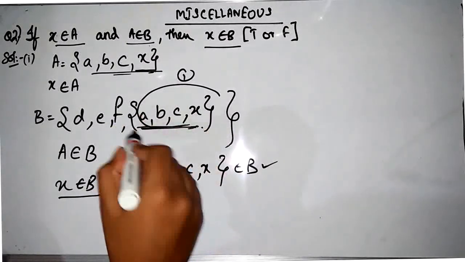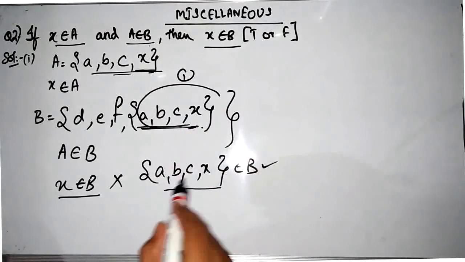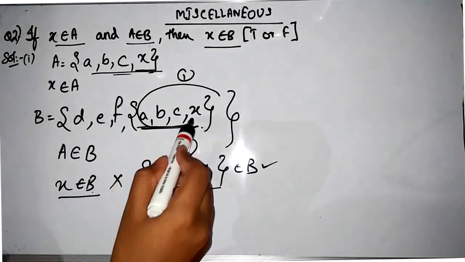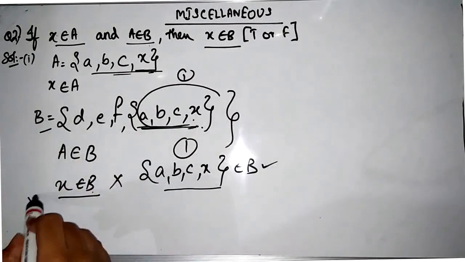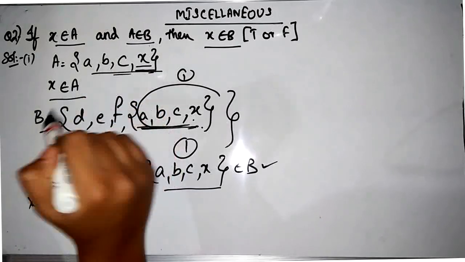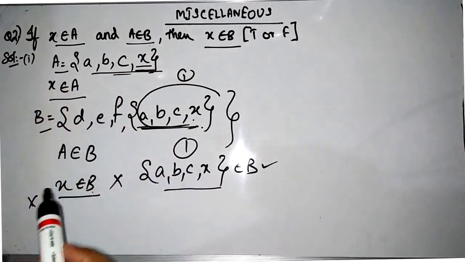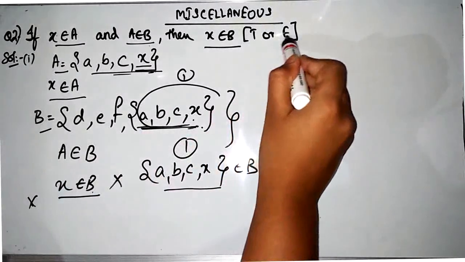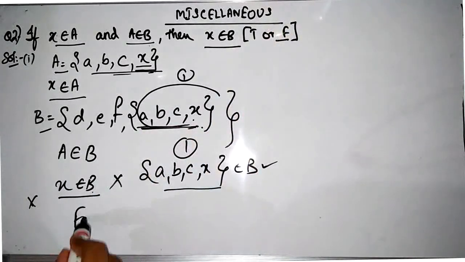So always you have to write this group of elements together, as they will represent one single element. So if you write X alone belongs to B, then it will become wrong. If you say X belongs to A, like it is one single element over here, independent element, then it is true. But if you say X over here belongs to B, it becomes false. So this statement is false.